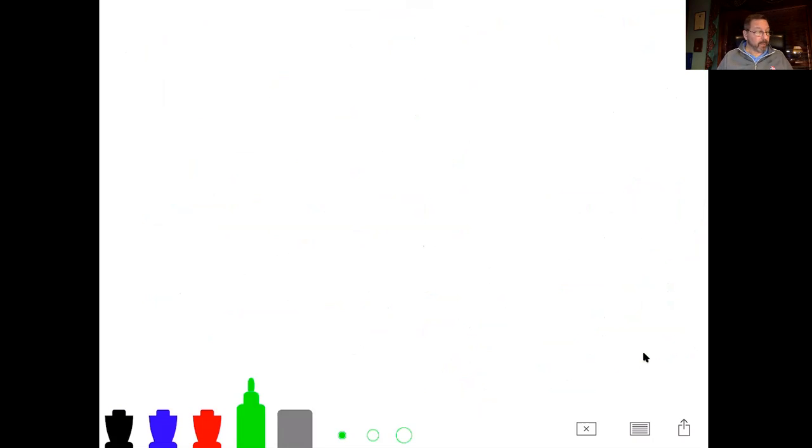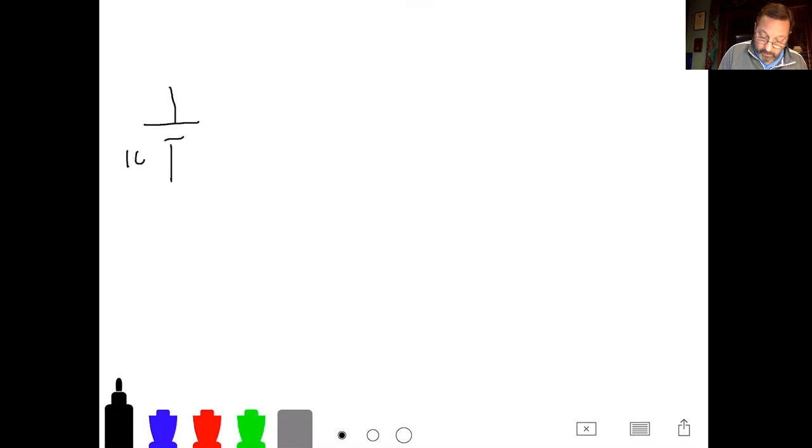I want to show you an example problem of why Kirchhoff's loop method is absolutely necessary at times. And here's the problem I want to do. It's actually in the PowerPoint, but I'm just going to draw it right here. And I've got a 10-volt battery, because we've been using 10-volt batteries all along.